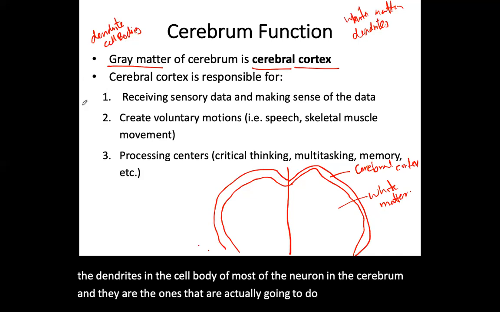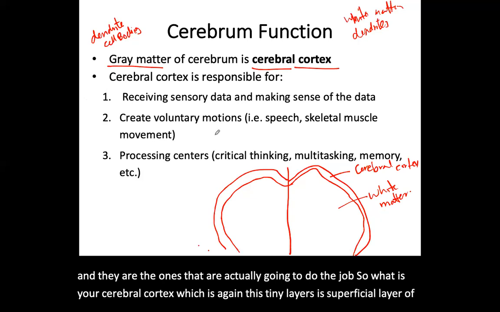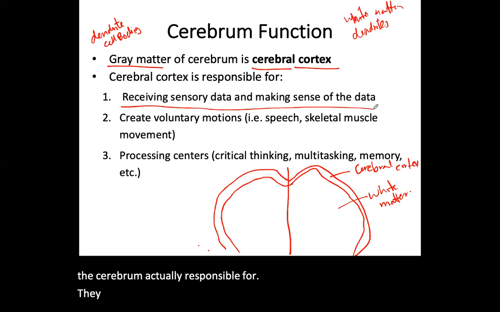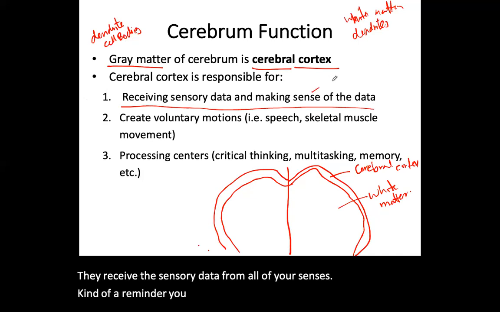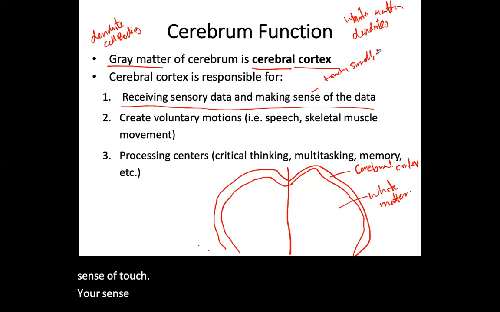So what is your cerebral cortex, this tiny superficial layer of the cerebrum, actually responsible for? They receive the sensory data from all of your senses. Kind of a reminder, you have your common senses. You have your sense of touch, your sense of smell, your sense of taste, right?